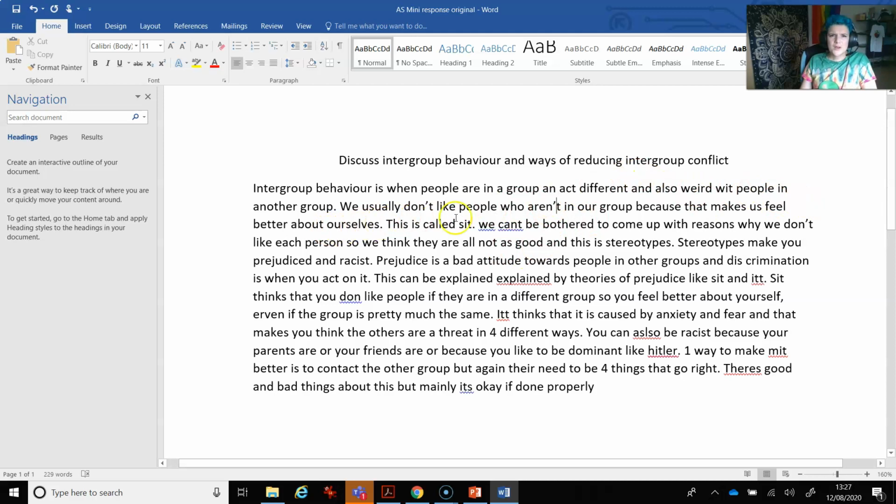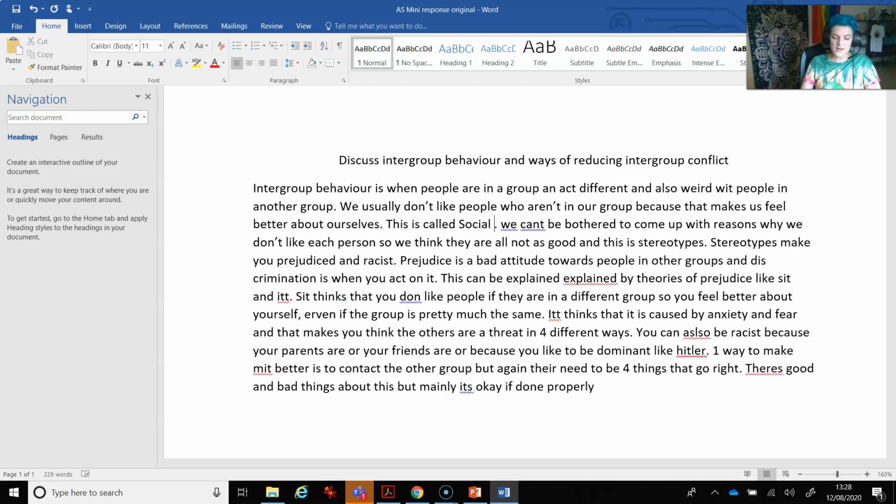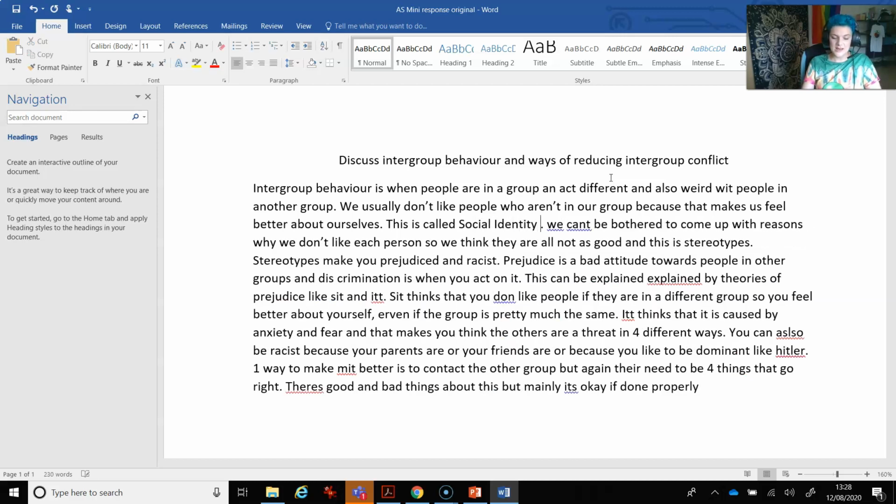So, and here we have, this is called sit. Now, if you're writing an academic essay, you need to make sure that you don't just put the acronym straight away, you put the full name. So, social identity theory. There we go.